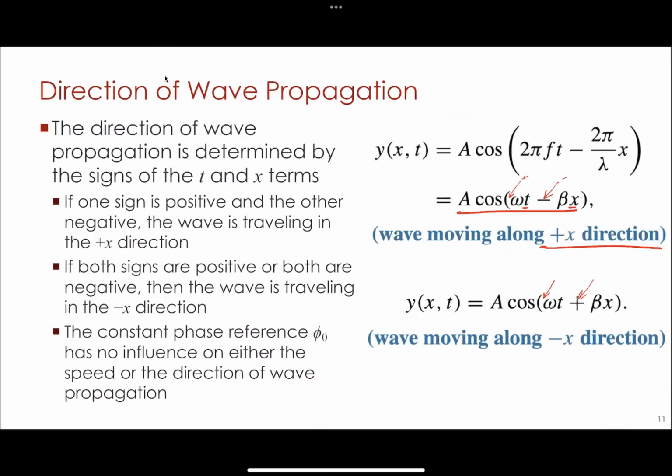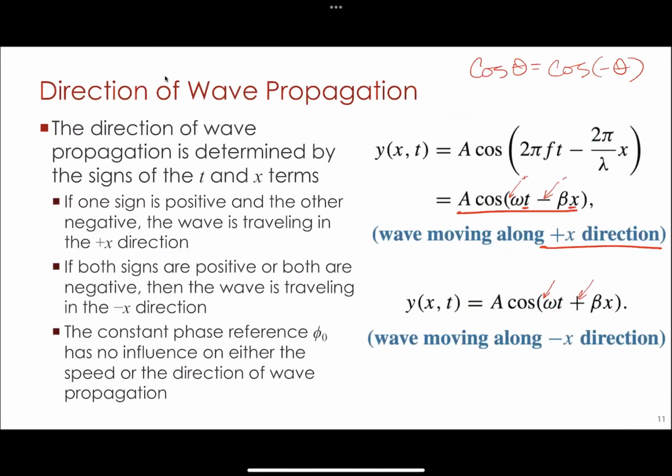And remember what I said before: cos of anything, say theta, equals the cos of minus that thing. So if they were both negative down here, you just multiplied the whole thing inside the brackets by minus 1, so it's the same as when it's plus 1.